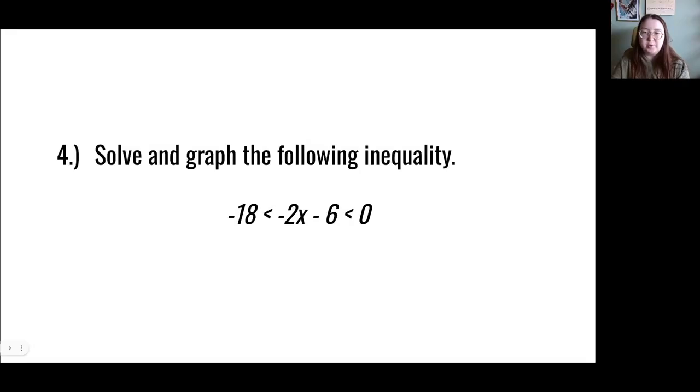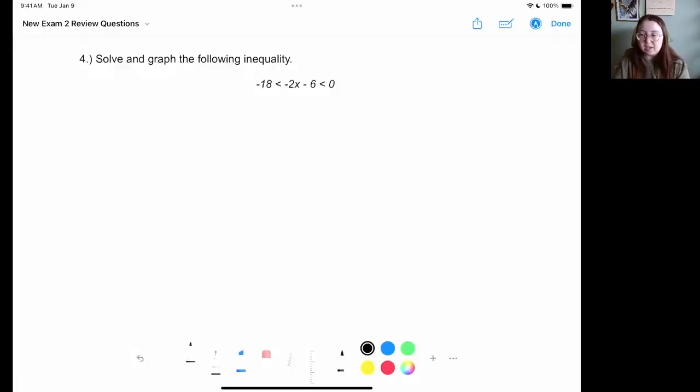For question 4, we're going to solve and graph the following inequality. We have negative 18 is less than negative 2x minus 6 less than 0. We're going to solve and graph this one together. In order to solve this compound inequality, we need to solve for x.